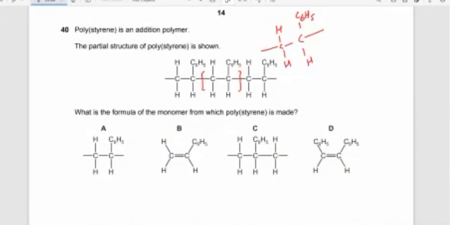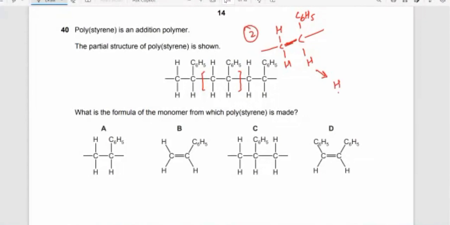So we have identified the repeating unit. After identifying it we write it separately, and now convert the single bond into a double bond. So the first step is to identify the repeating unit, which we have done. Second is to write it separately, which we have done. Third is to convert the single bond into a double bond.